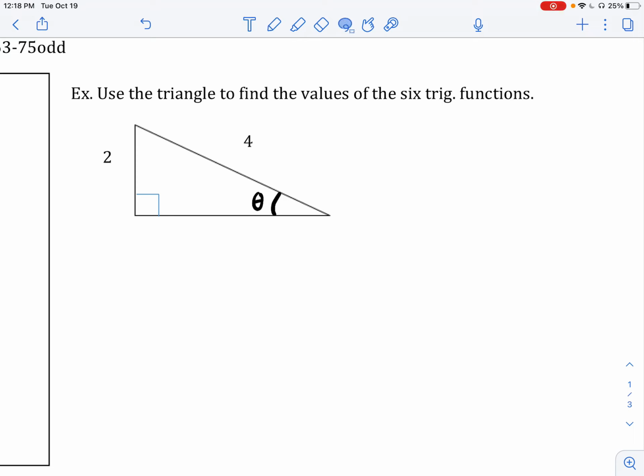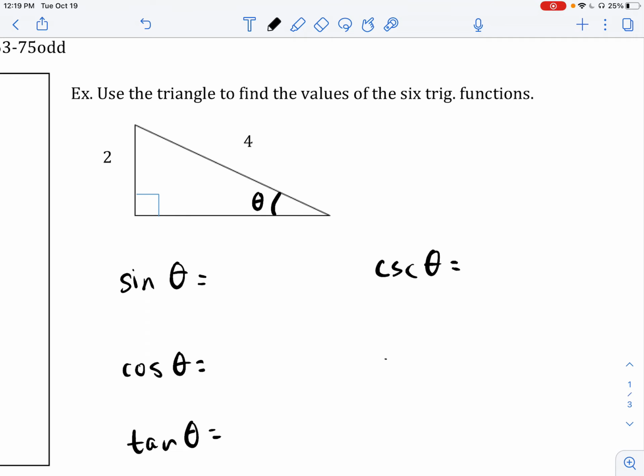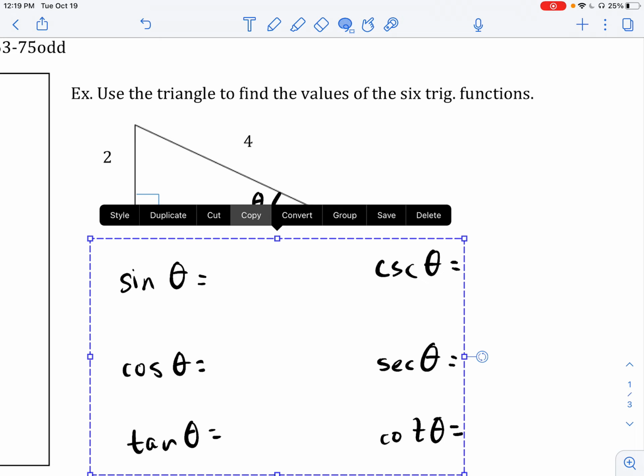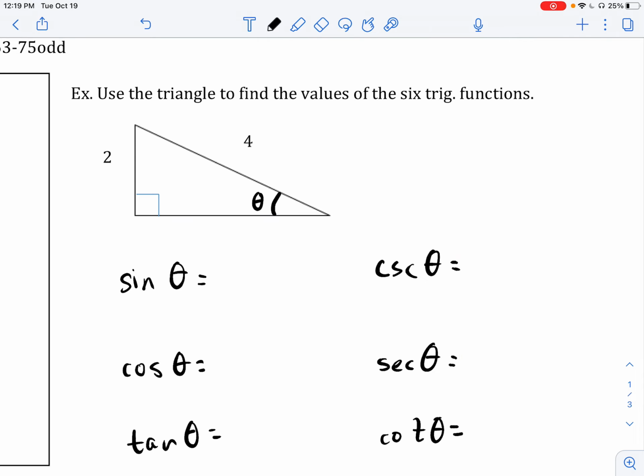Because if I wanted to write sine of theta, cosine of theta, tangent of theta, we have cosecant of theta, secant of theta, and cotangent of theta. And I'm going to probably need this a couple times throughout the lesson, so I'll just copy that. So if we're finding the sine of theta, I don't know what my angle is, but it doesn't matter.